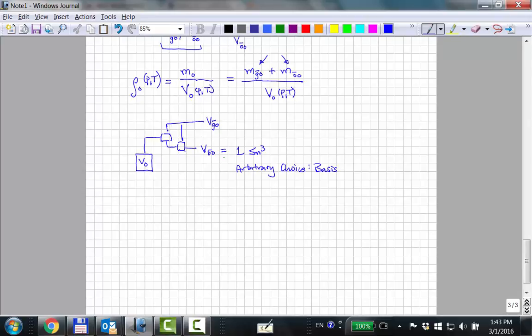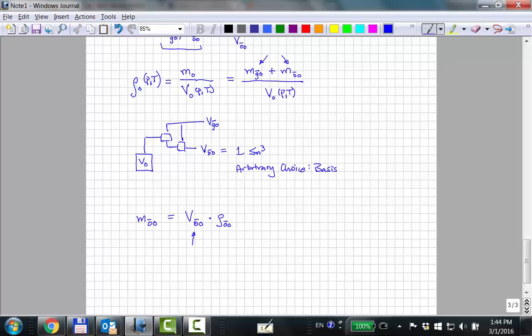So if I've got 1 of these, then we can start doing something. The mass of the oil component from the oil is just the volume of that times the density of that component at standard conditions.